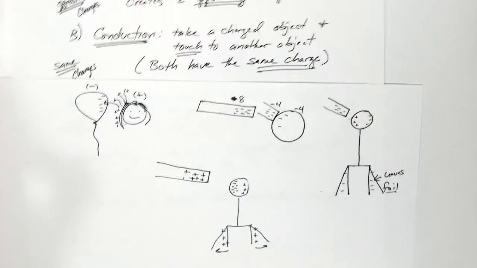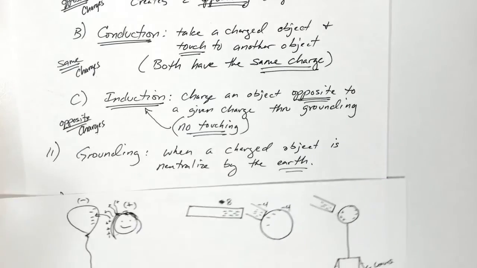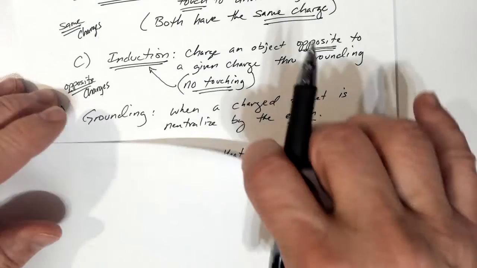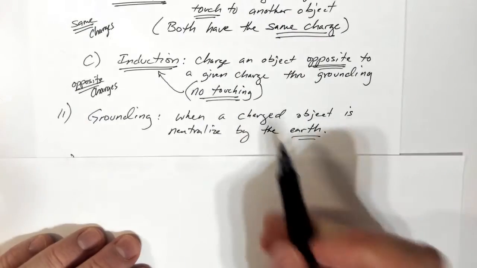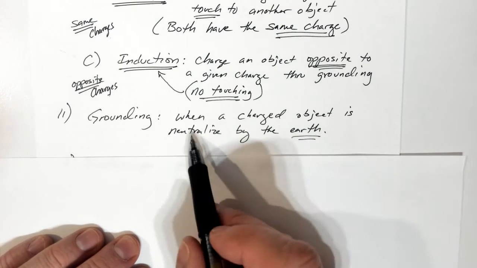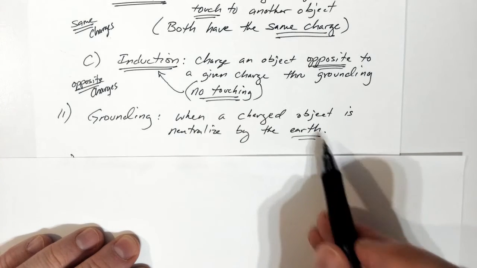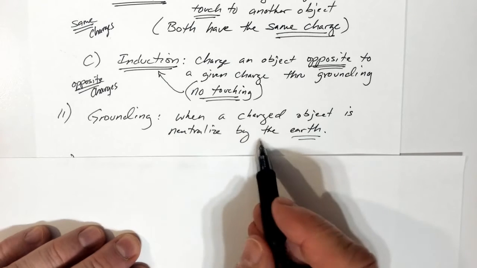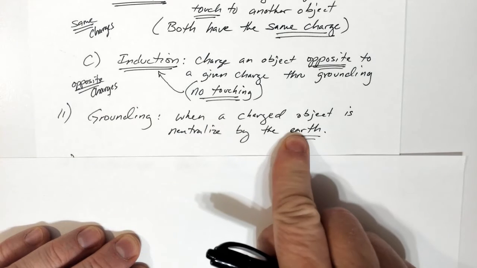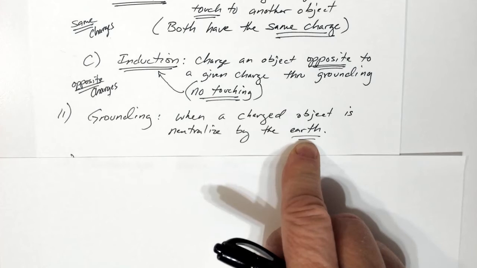So with that in mind, we need to define one more thing, and that is grounding. What is grounding? Grounding is when a charged object is brought near the earth and it neutralizes it. Either electrons go on or off, but basically the earth balances the charges and makes things neutral.